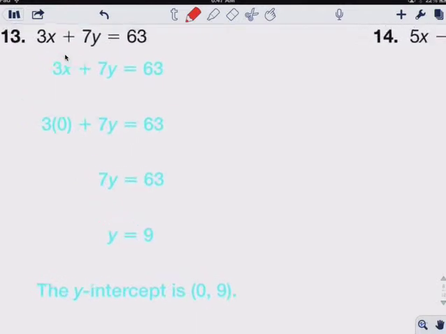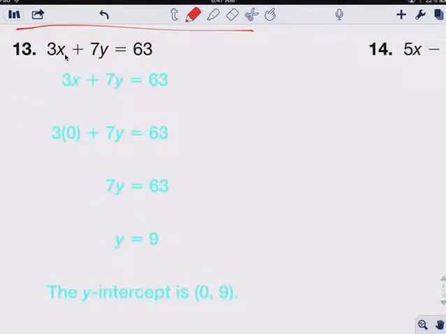Okay, here's the blue one. Example, look. They make the x equal to 0 because you're finding y only. So x is 0 and it's like this doesn't exist. When you're finding y, x doesn't exist, and you just do 7y equals 63.